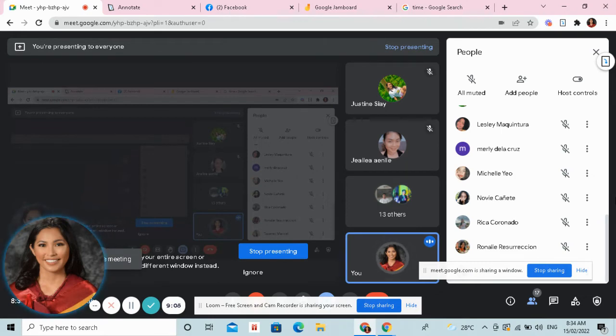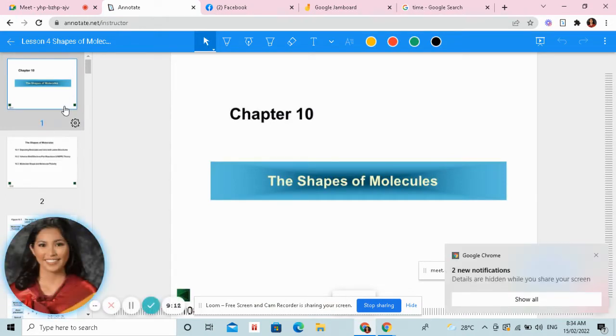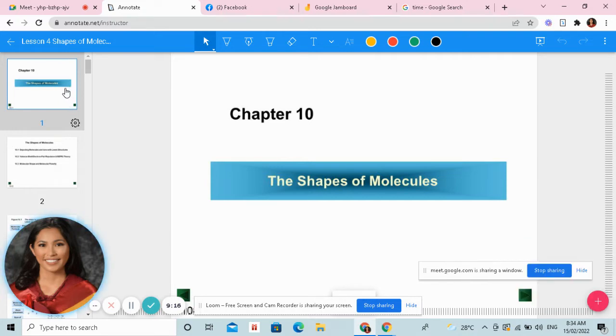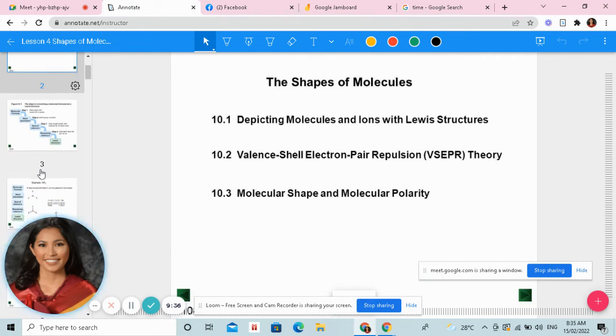We are done, so don't forget these things. Now, this time we are going to have our lesson proper, which is lesson 4, the shapes of molecules. The subtopics are depicting molecules and ions with Lewis structures, valence shell electron pair repulsion theory, then molecular shape and polarity.